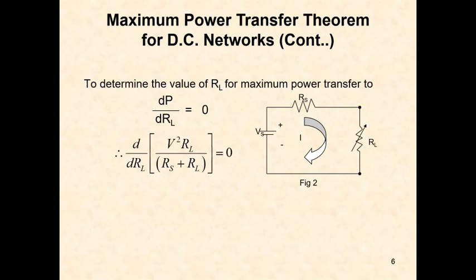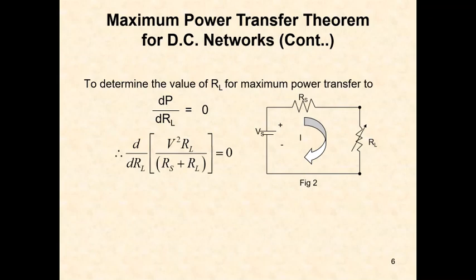By differentiating d by dRL of V square RL by (Rs plus RL) whole square is equal to 0. Here RL is there in the numerator and also in the denominator, so you have to differentiate by the U by V method.